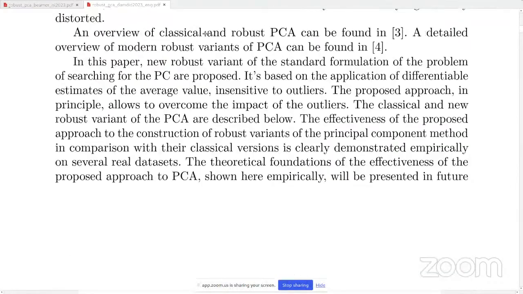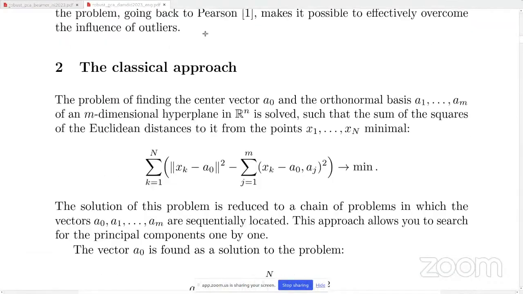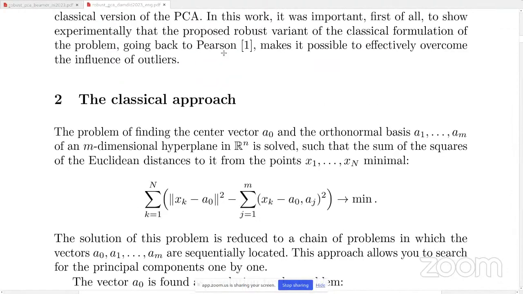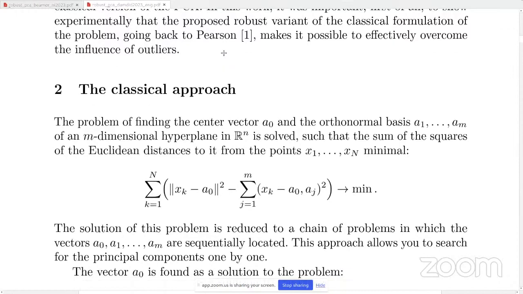The classical principal component analysis has some formulations. I will follow the formulation that leads to Pearson. It is formulated as follows.